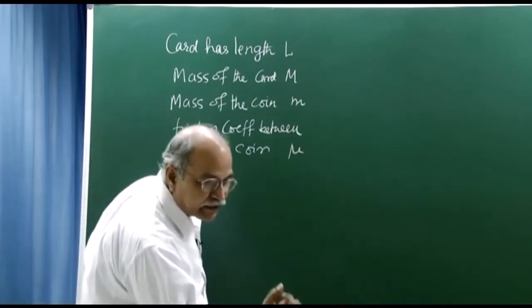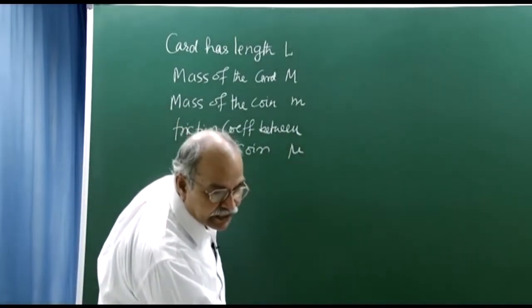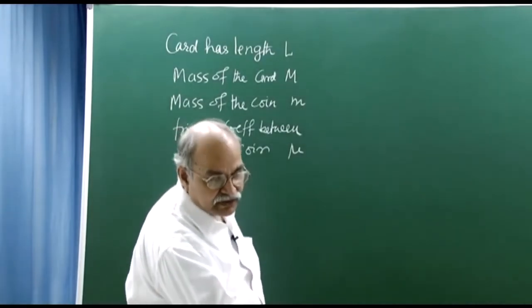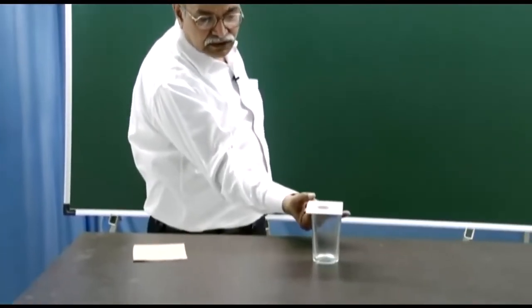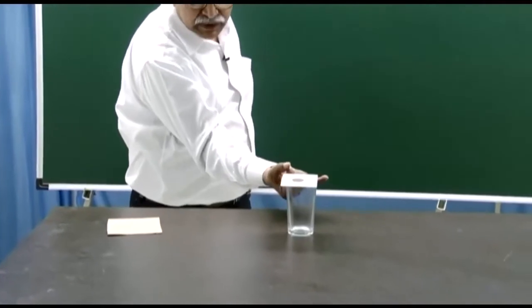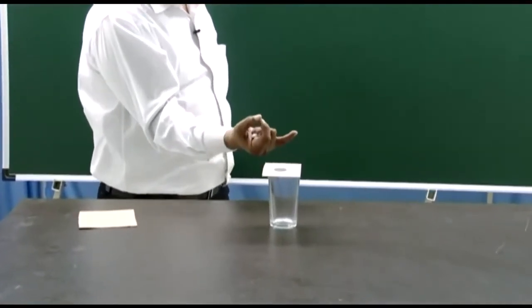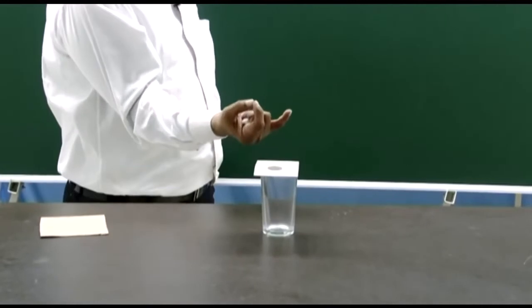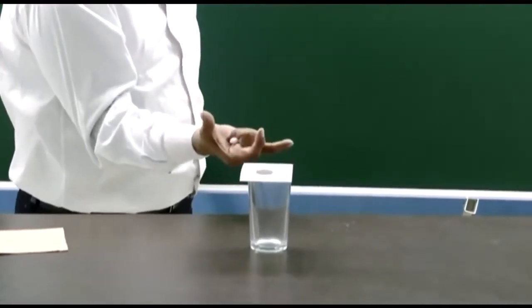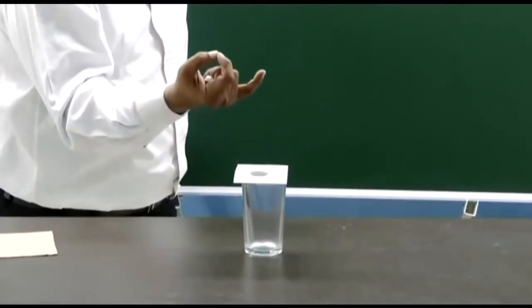Then I am flicking. What is flicking? Flicking means I exert a horizontal force on the card. That force is applied for a very short time delta t. So, some force capital F is applied for some short time delta t. That is the flicking.